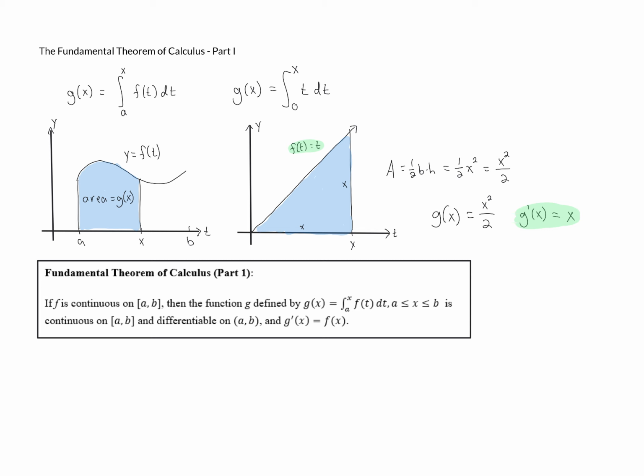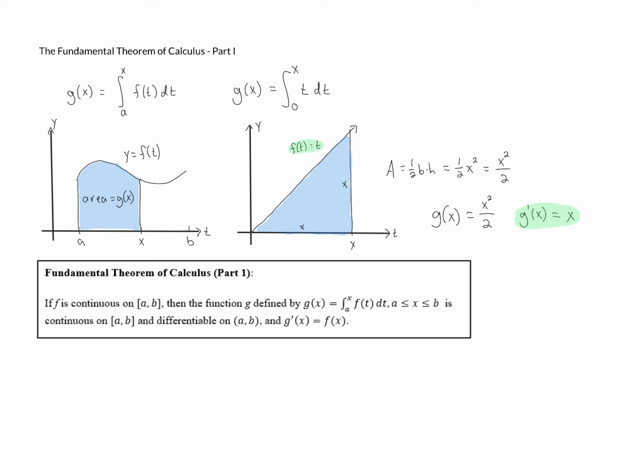So that's saying if we're looking at this function that's kind of the area so far function that we get from integrating f of t, then we take the derivative of that, we end up getting the original function f of x out. It's with x instead of t, but that's not a big deal.